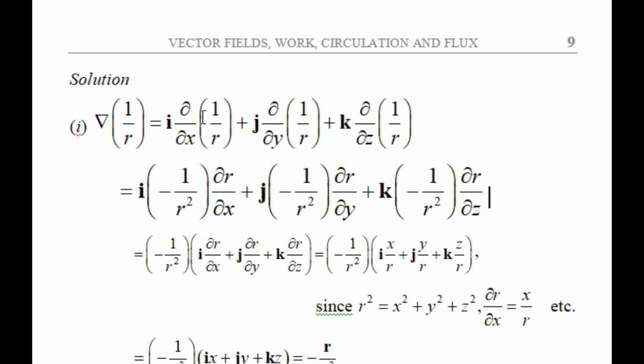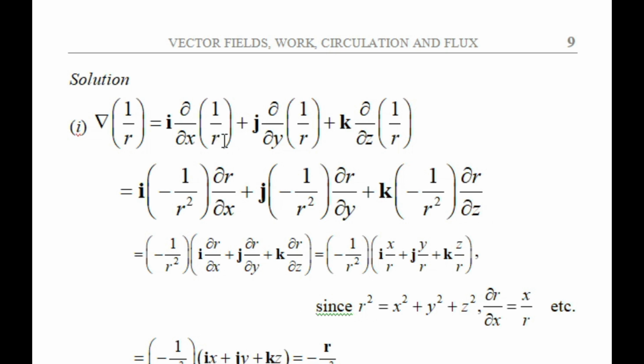So here, the partial derivative of 1/r with respect to x cannot be directly found out. We apply the chain rule there. You have seen the chain rule while discussing functions of 2 variables or functions of 3 variables and so on, so you have to refer to such topics.